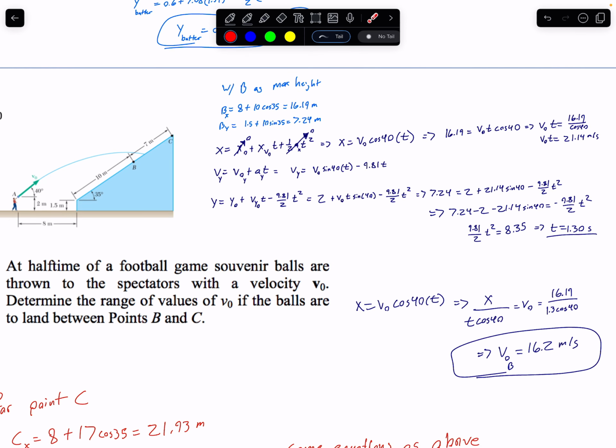And then the cool thing about this problem is that we don't know the initial velocity or how long it's going to take, but we know it starts at x of 0, so we can cancel that out. No deceleration. And so we know that the distance has to equal the initial velocity in x times t.